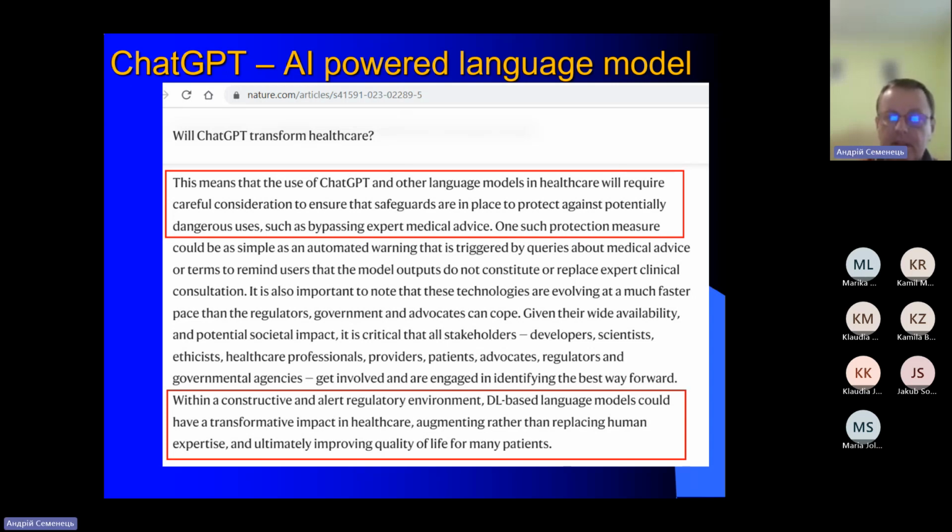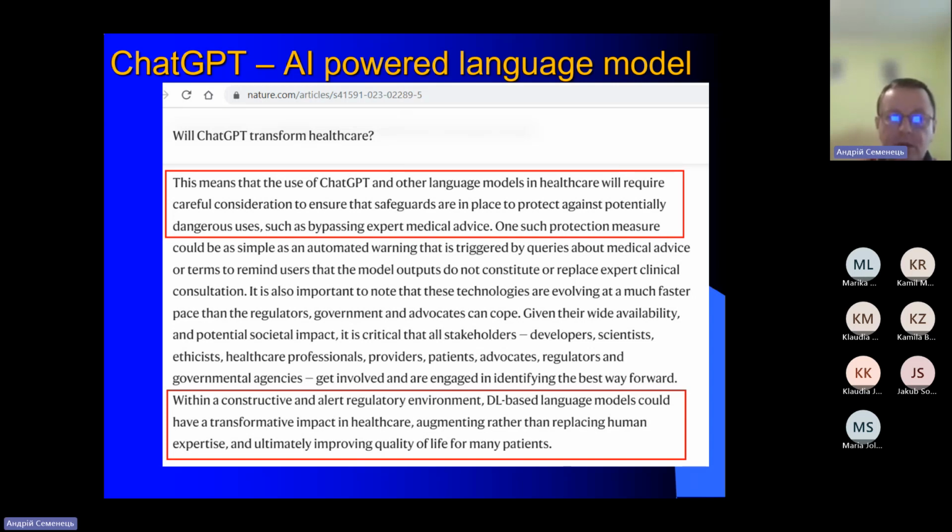That's the warning, the caution, and the benefits. Yes, with constructive engagement and a regulatory environment, large language models could have a transformative effect on healthcare, augmenting rather than replacing human expertise.